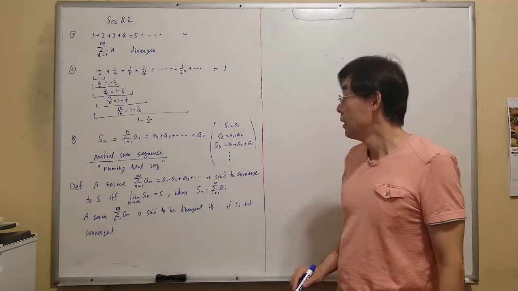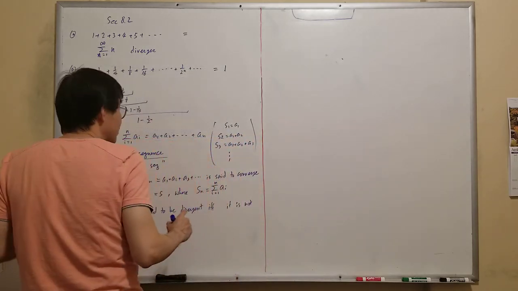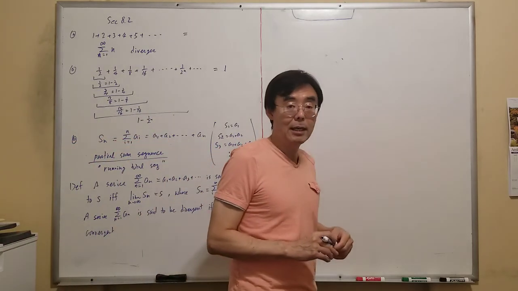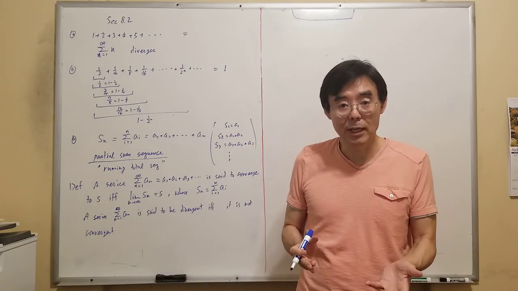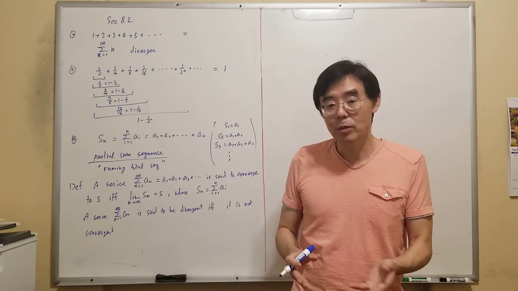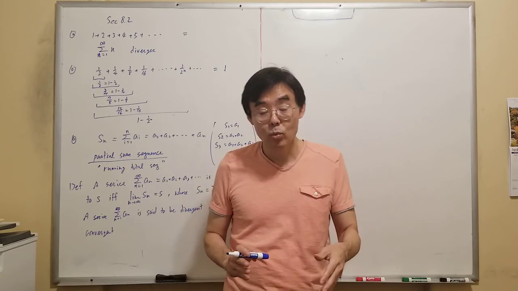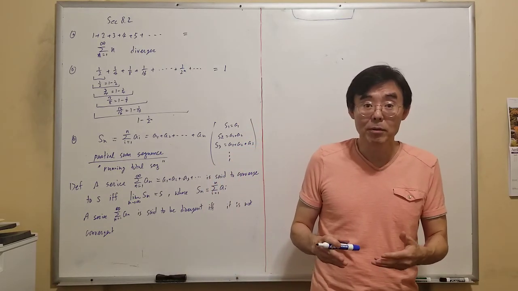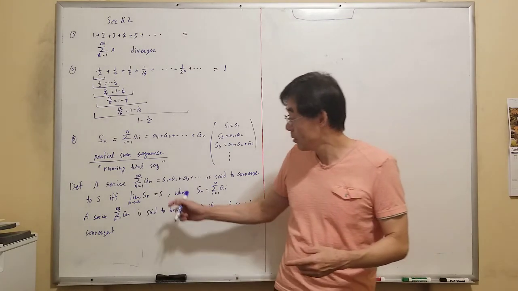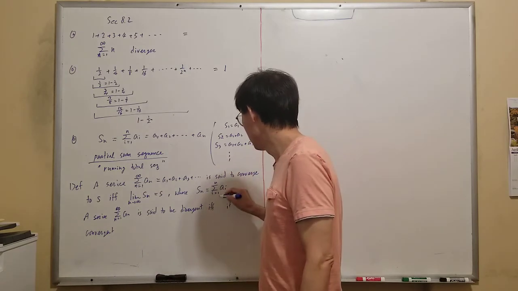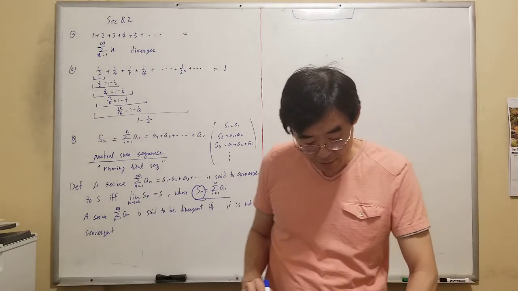Alright? So the question of convergence of the series sigma An is just a question of convergence of the new sequence, the partial sum sequence Sn, right? So we don't need to develop a whole new theory about convergence of series. We just apply the theory we know about convergence of sequences, because in the end it's a convergence of this partial sum sequence.